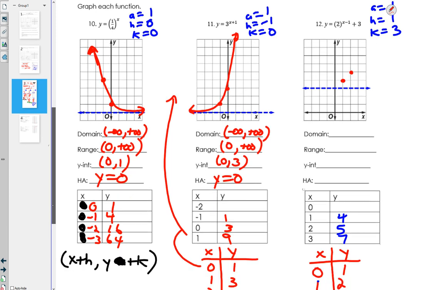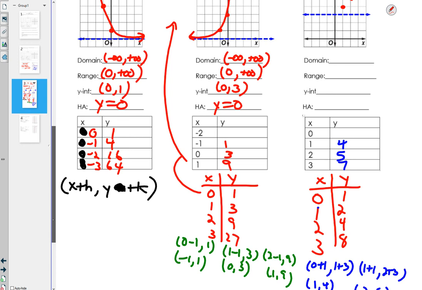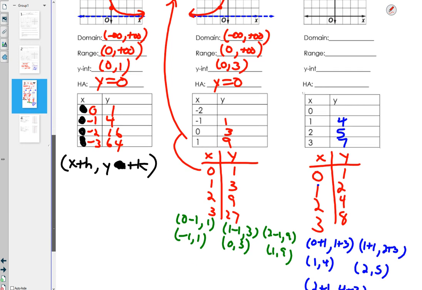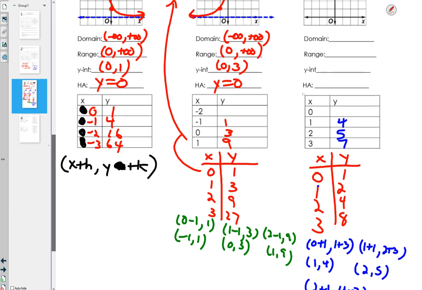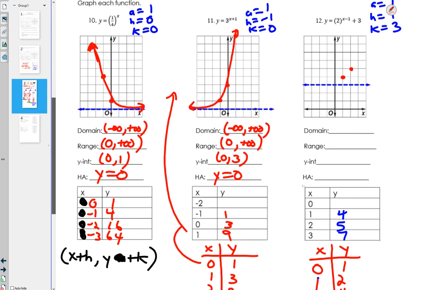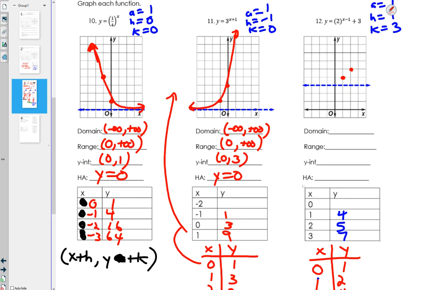Did I add wrong? That's wrong. 5. And then the last one is 3, 7.